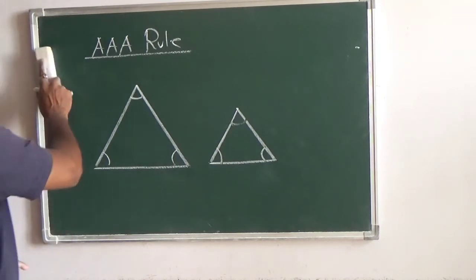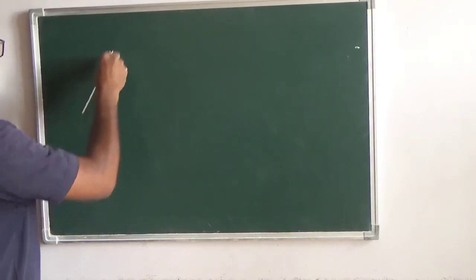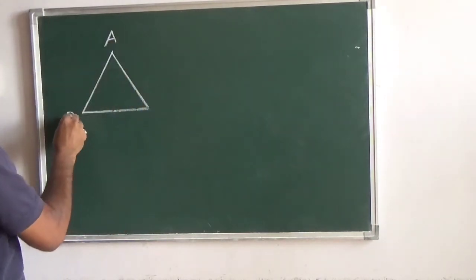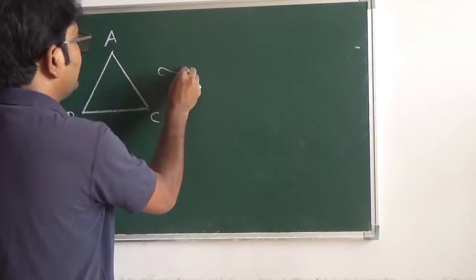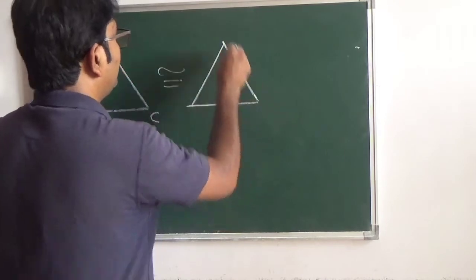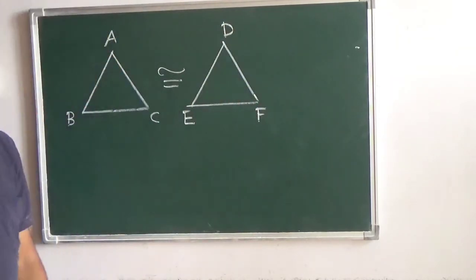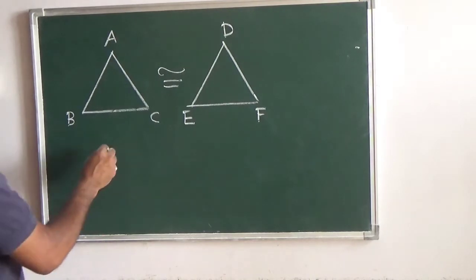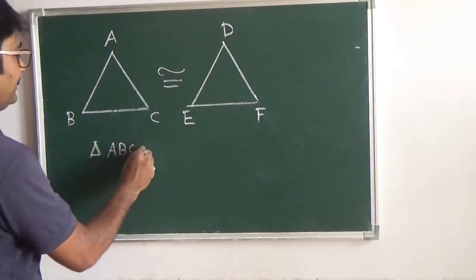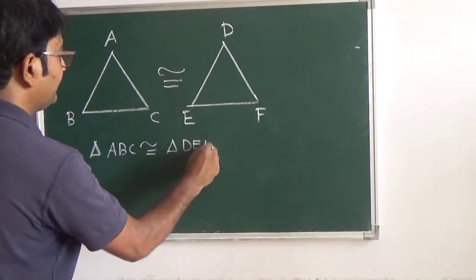One more important thing: if we say the triangle ABC is congruent to triangle DEF, so if these two triangles are congruent, we write it like this: triangle ABC is congruent to triangle DEF.